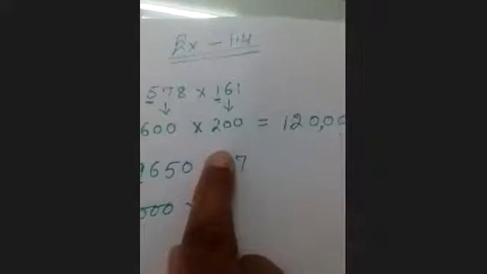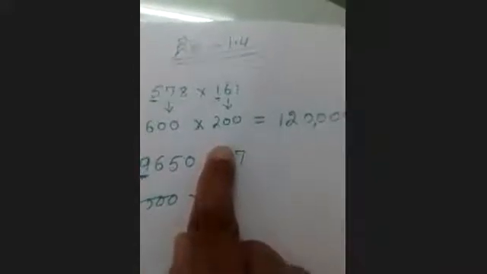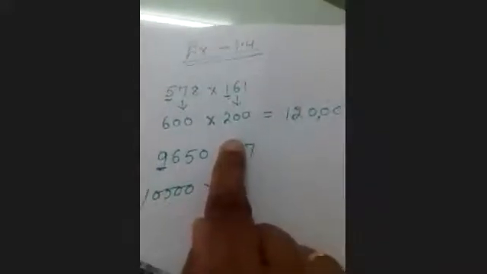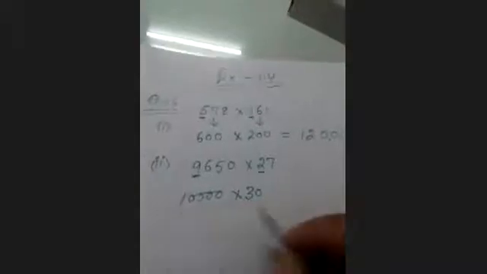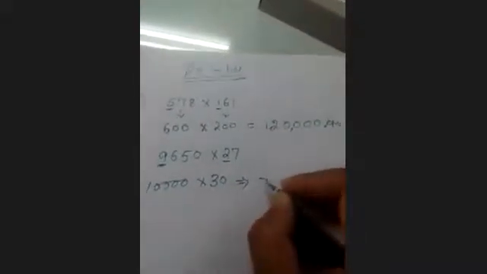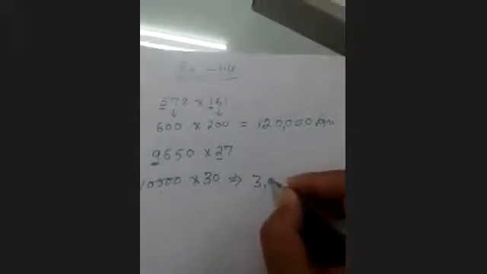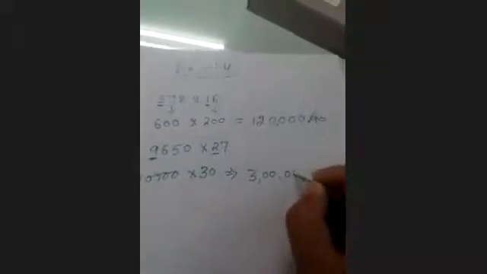The next number is 7, so the nearest value will be 30. Now 10,000 multiplied by 30, we have 3 lakh. So our answer is 3 lakh.